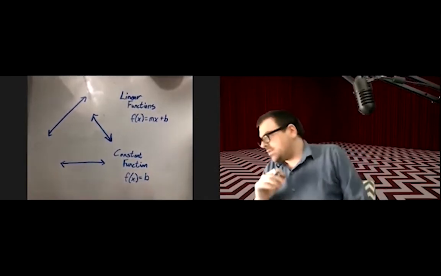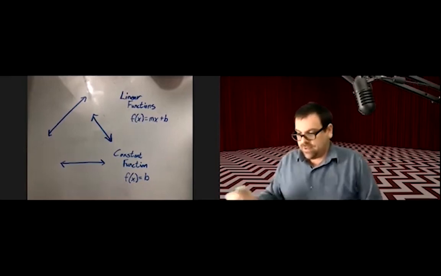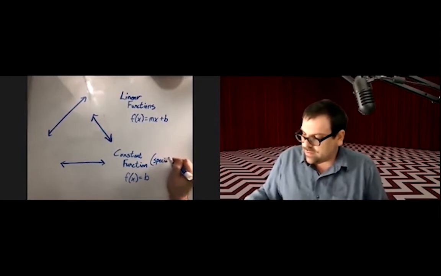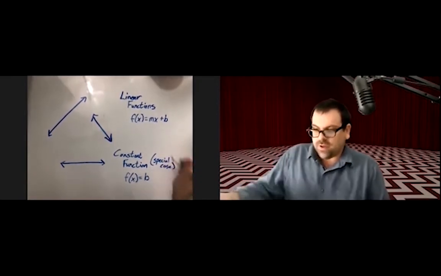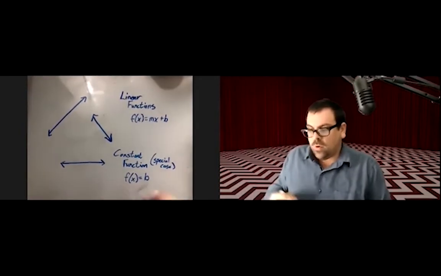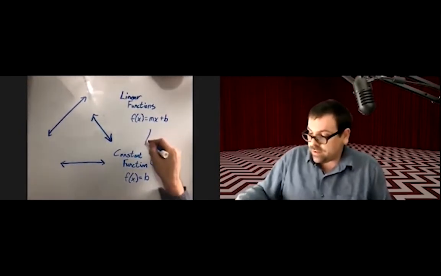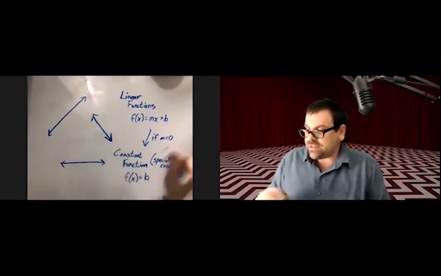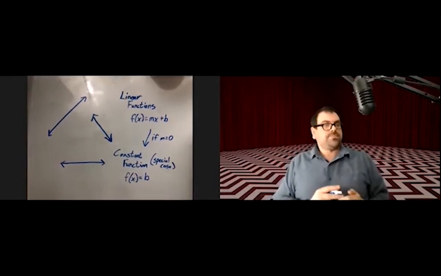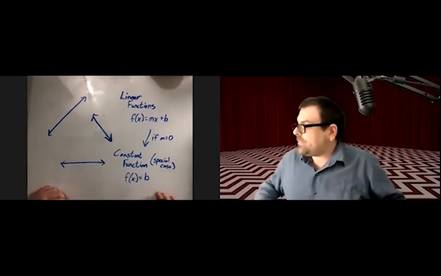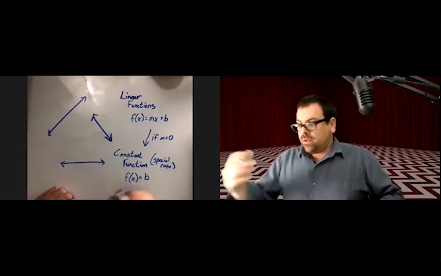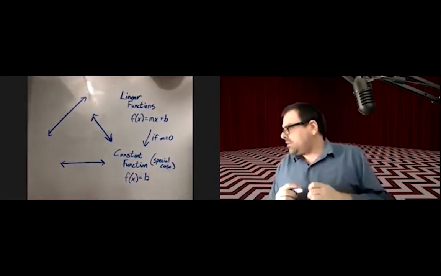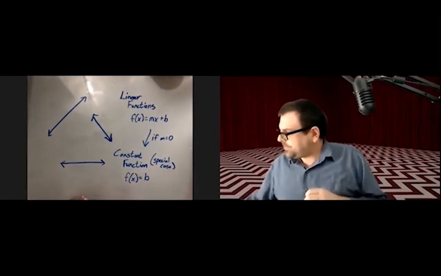So f of x equals b. So the constant function, that's a special case of the linear function. What's so special about it? The slope is 0. Linear functions graph as lines. We did all that stuff in the previous lecture group.